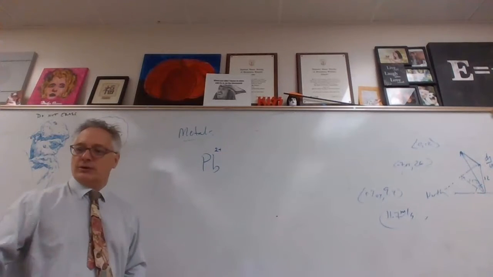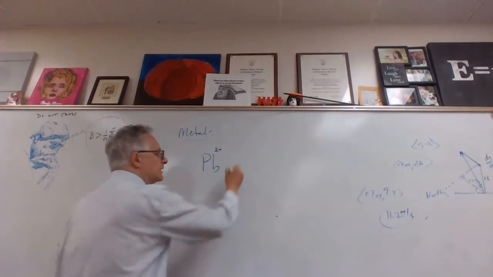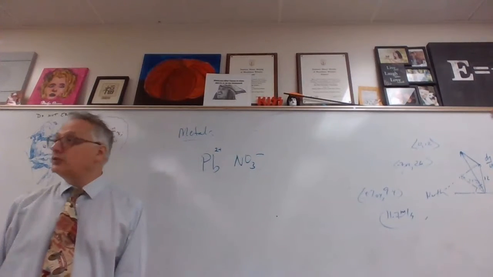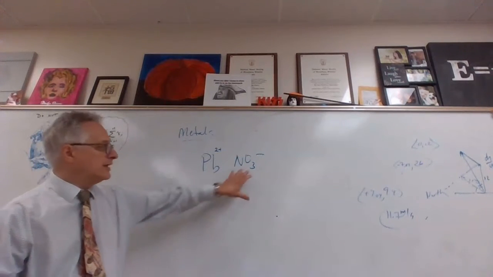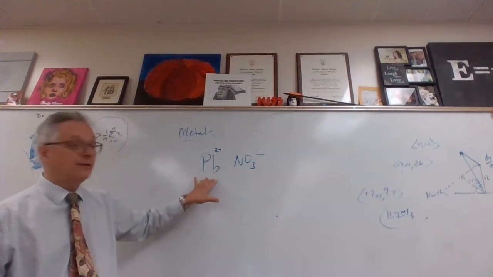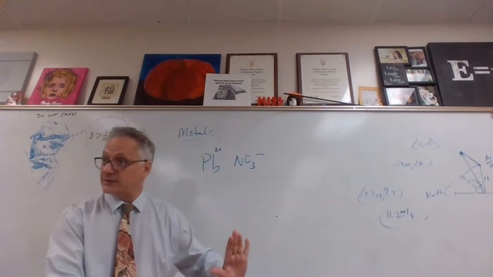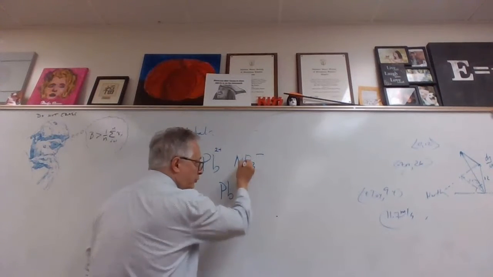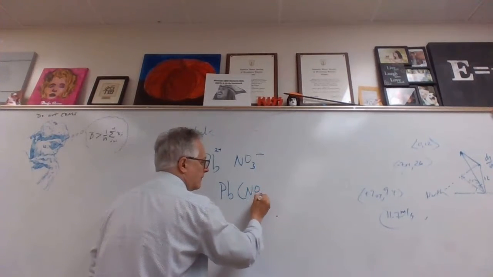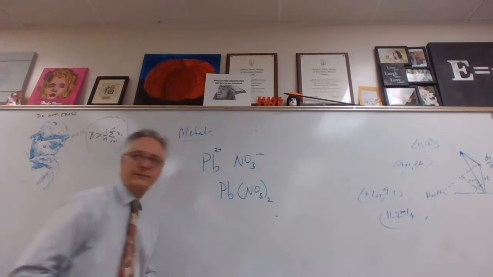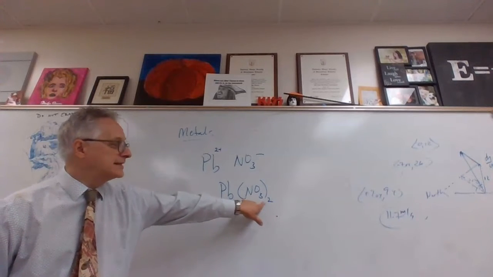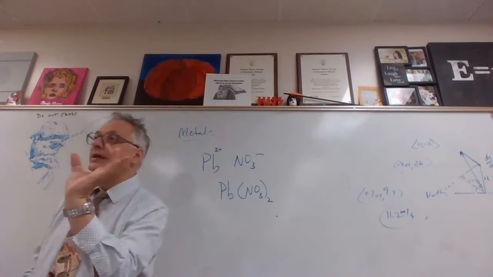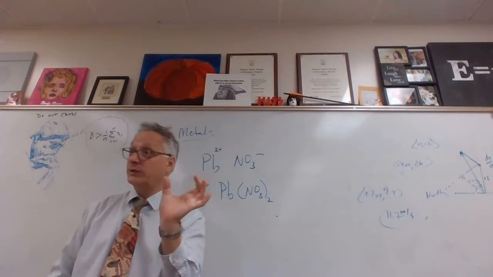If you go to your chart of polyatomic ions, nitrate is NO3 with a -1 charge. So you're going to need 2 of these to meet up with that lead so that the charges cancel. Don't forget, when we're doing that, we have to put that in parentheses, and put a little 2 there. The parentheses is necessary because that nitrate sticks together as a group, and you want to indicate that we have 2 of those complete groups.